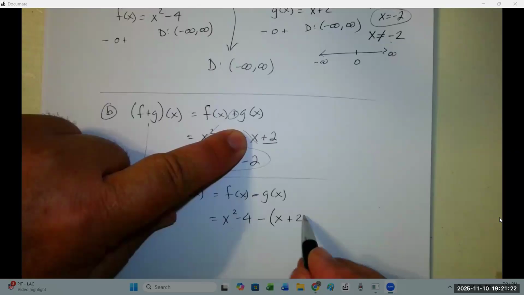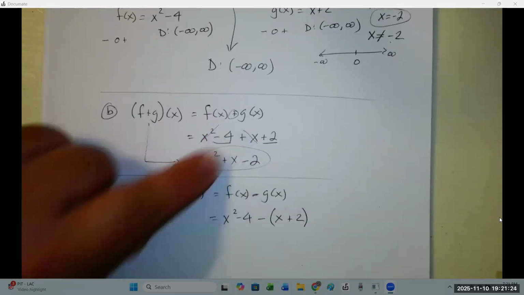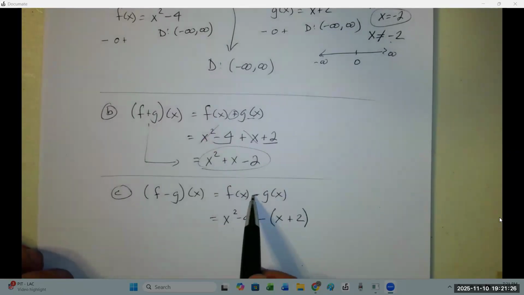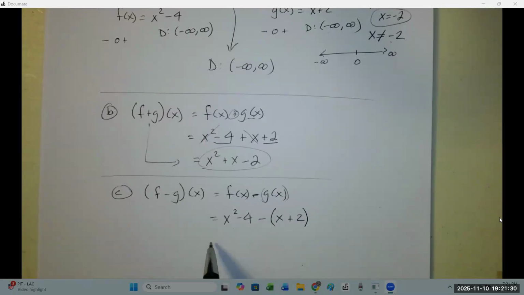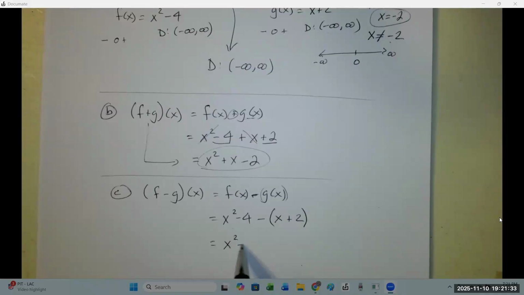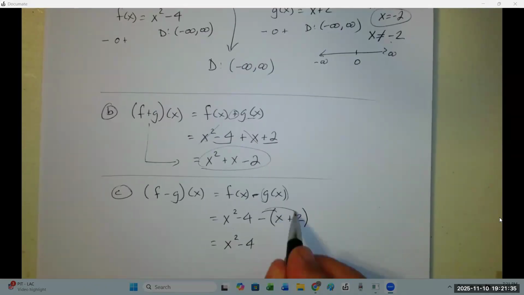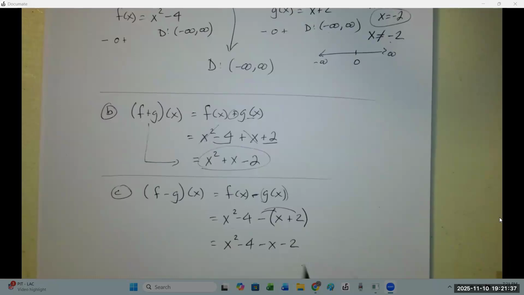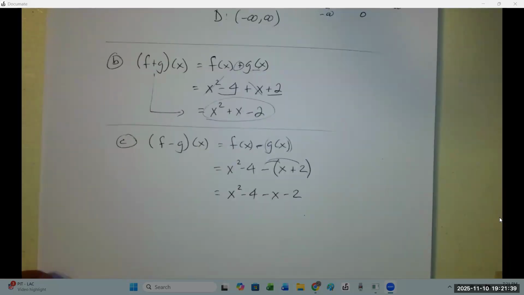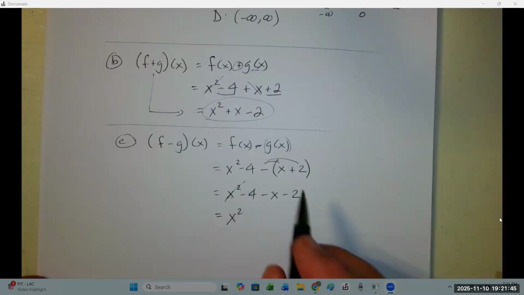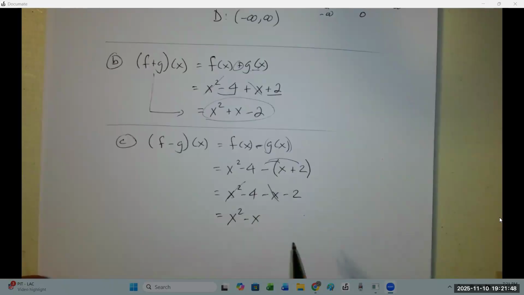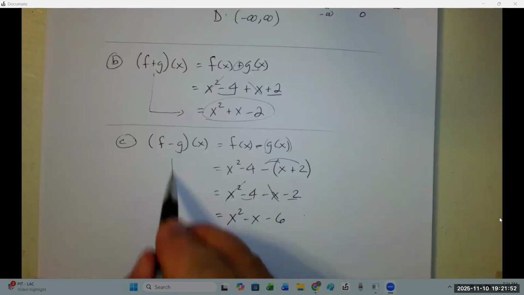We have to put these numbers in parentheses, because this whole expression comes after the negative, so it goes in parentheses, because we have to distribute that negative. Combining like terms, we have x squared minus x; negative 4 and negative 2 are both negative, so we add them, and there's that answer.